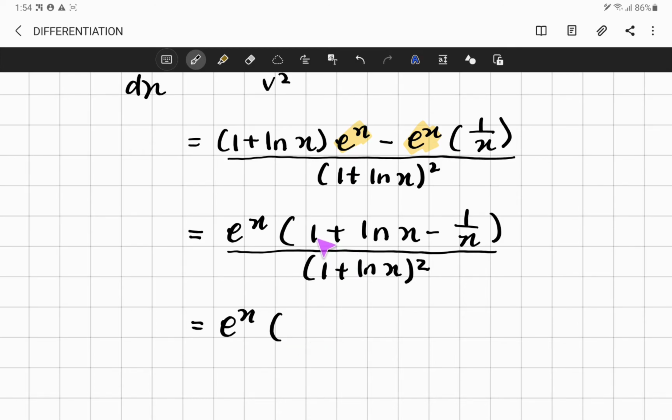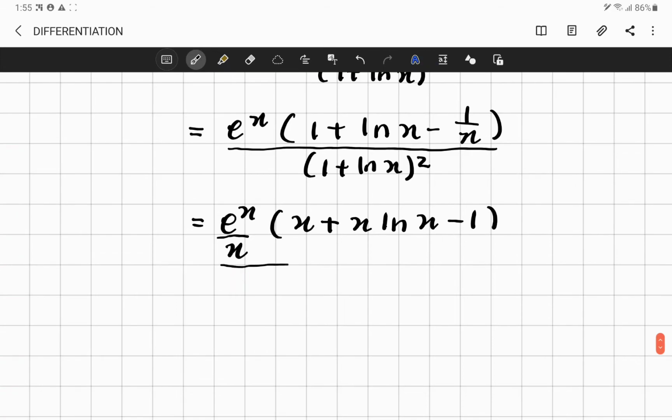One times x, which is x, plus ln x times x is x ln x, minus 1 over x, and we may write down 1 over x here like this, divided by 1 plus ln x squared.